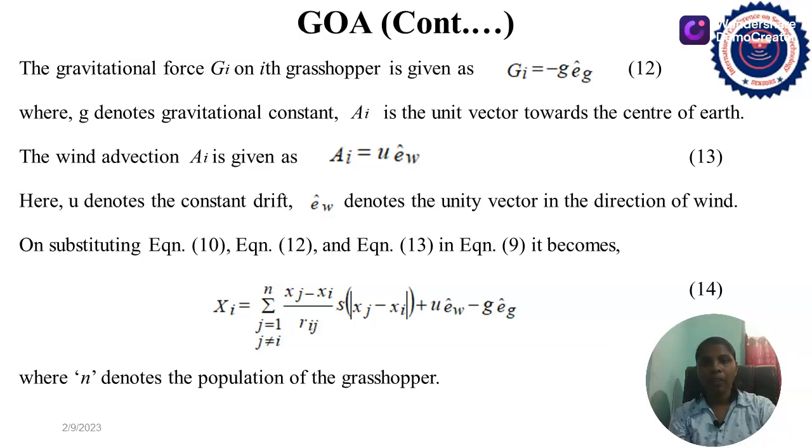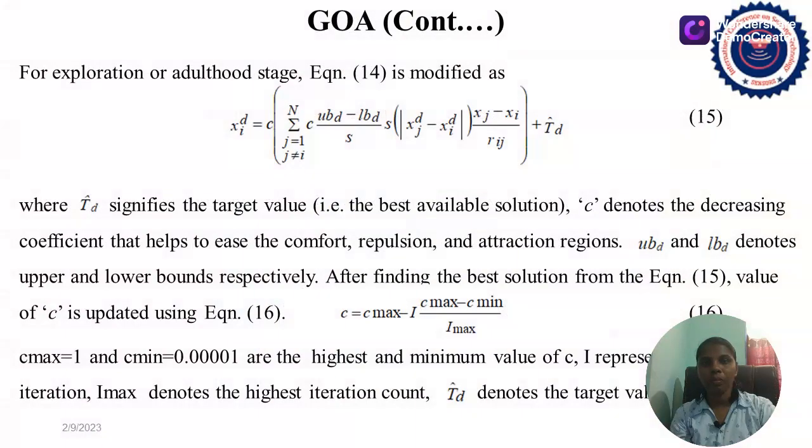These are all the equations for that. And the next one, in the exploration and exploitation phase, the exploration stage is nothing but the adulthood stage. So it is defined like that.